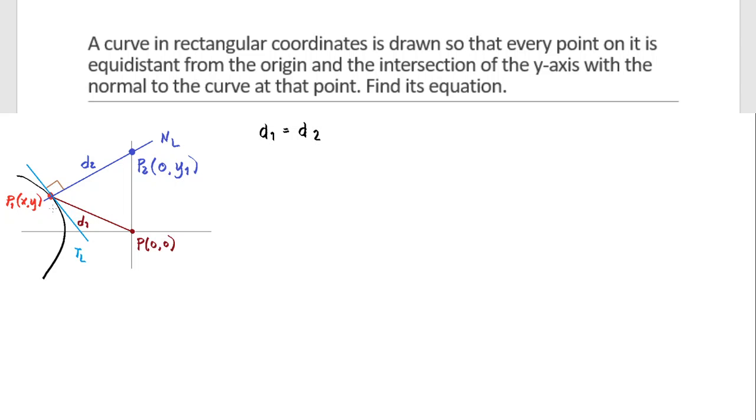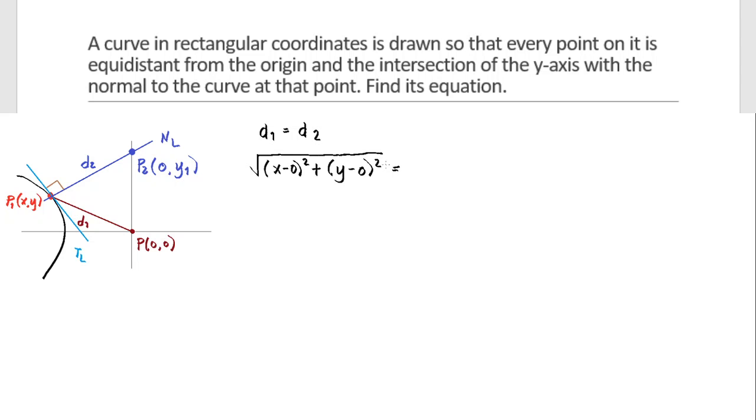Now, what is the distance between this point and this point? Just use distance formula in analytic geometry. The distance between 2 points would be x1 minus x2 squared. Remember that. Our point here is xy. Our point here is 0, 0. So that would be the square root of x minus 0 squared plus y minus 0 squared, equals D2.